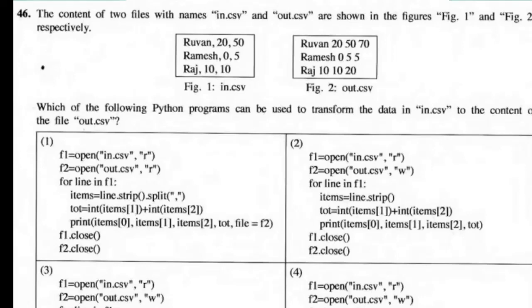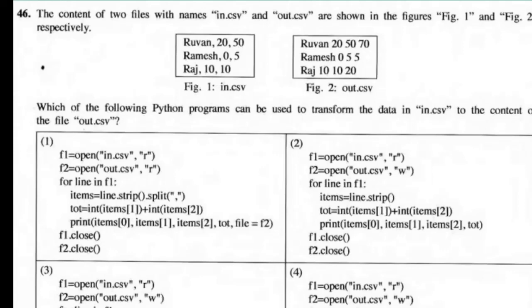For line in F1, okay. Items equals line.strip, right? Then total becomes items 1 plus items 2, right?